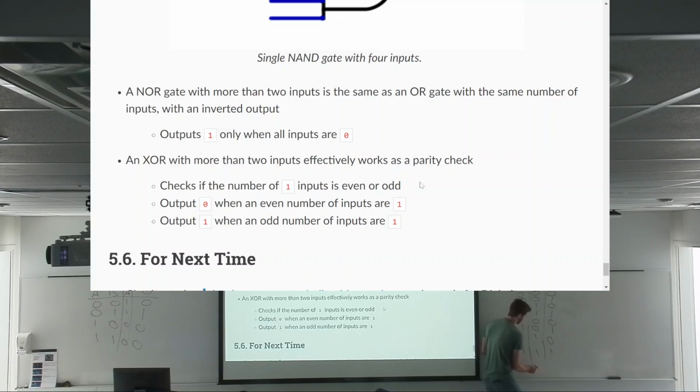Do I have them all? 1, 2, 3, 4, 5, 6, 7, 8. Good. So let's think. Let's start with A, B. 0, 0, 1, 1, 1, 1, 0, 0.